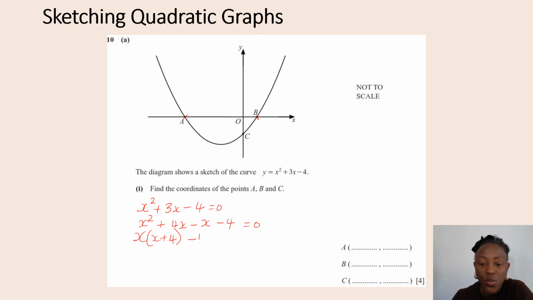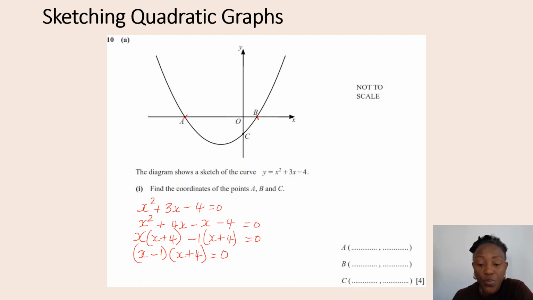and minus 1 into bracket x plus 4 equal to 0. So the two of them are going to turn out to be x minus 1 and x plus 4 equal to 0. Remember, when you multiply two things and they are 0, it definitely means one of them is 0.